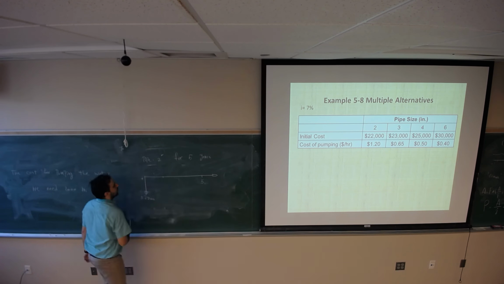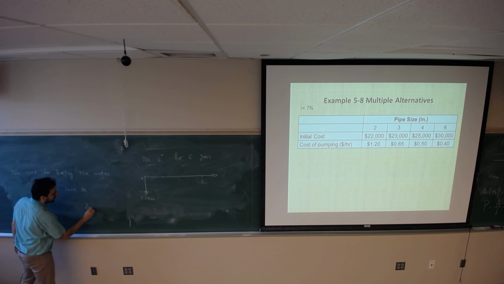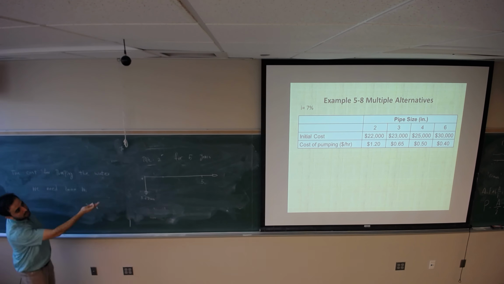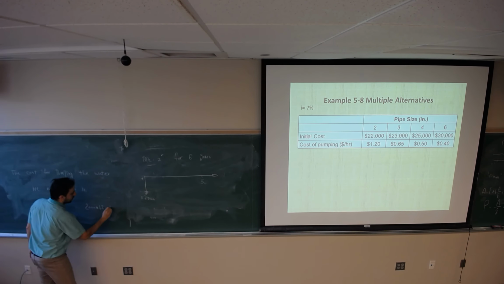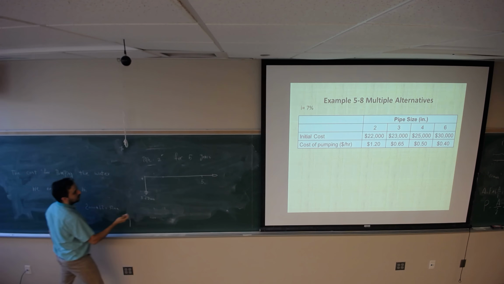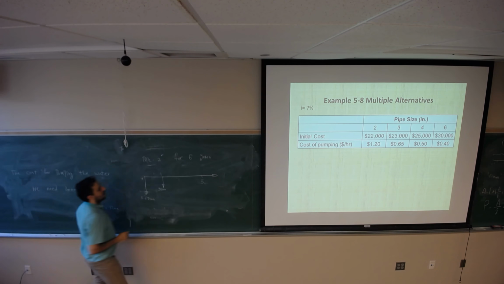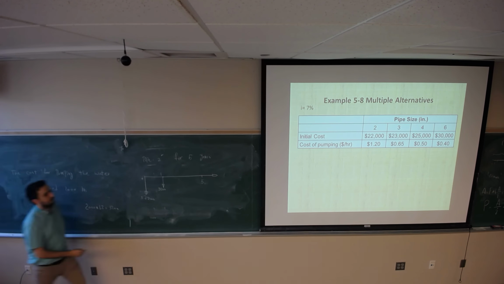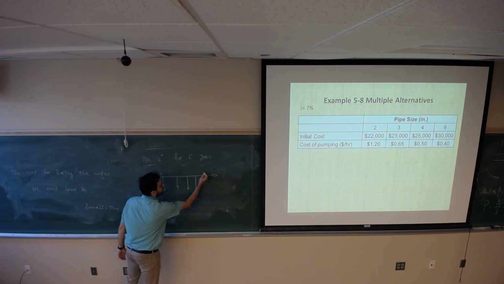So for the first year, the cost of pumping is going to be 2,000 times cost per hour, which is 1.6, so 3,200 is the operation cost for the pump. Second year, third year, fourth year, and fifth year.